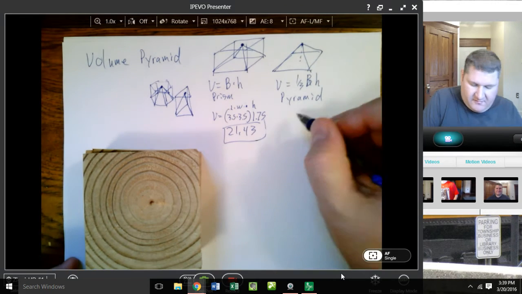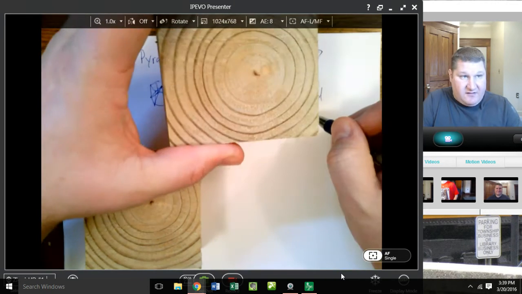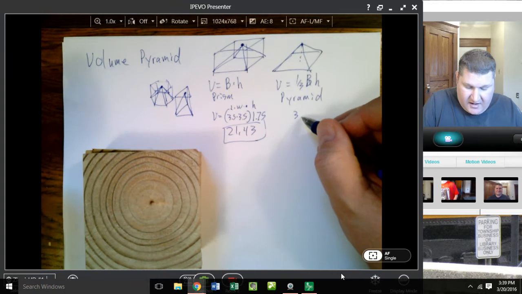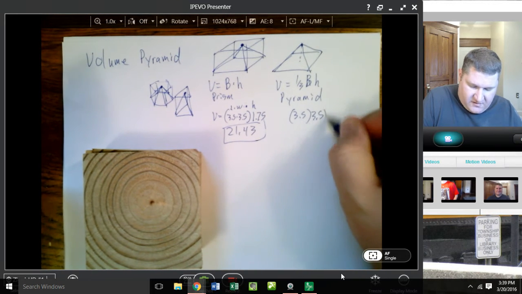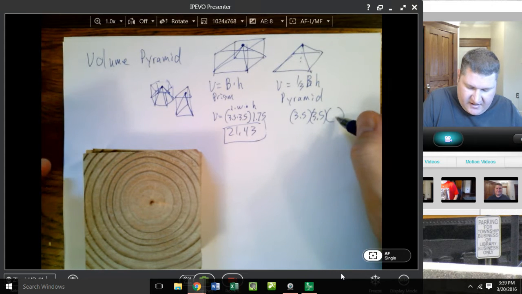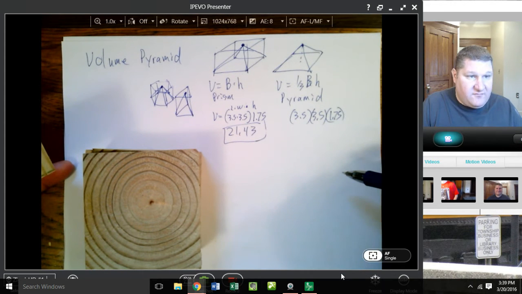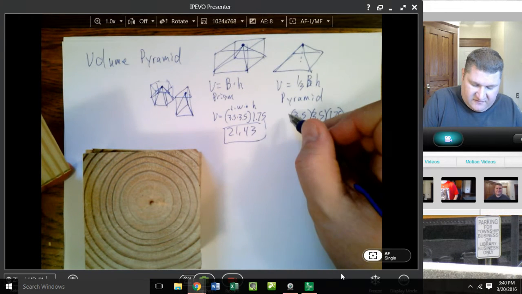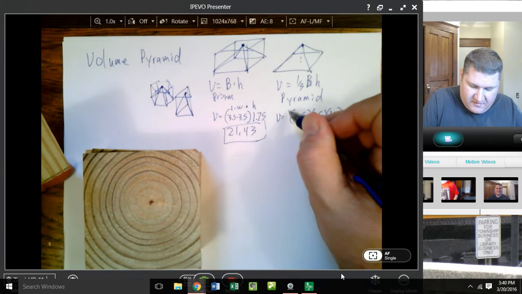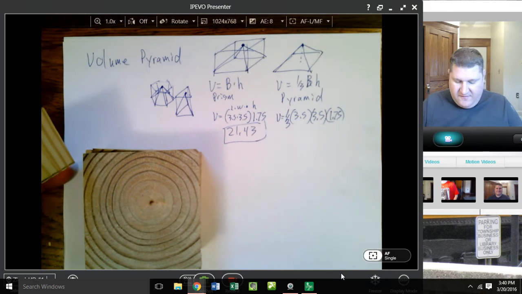Now, if I had a pyramid, I would do exactly the same thing. I would have the same base. I would say 3.5 times 3.5 times the height, which is 1.75. But now, because it's a pyramid, I would need 1/3 of that, or take this and divide it by 3.